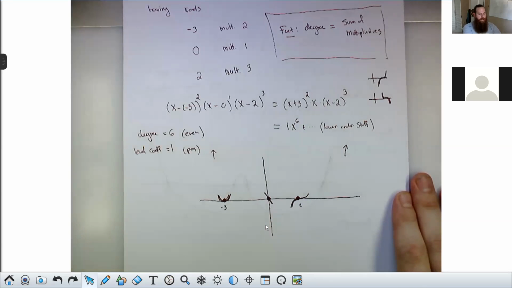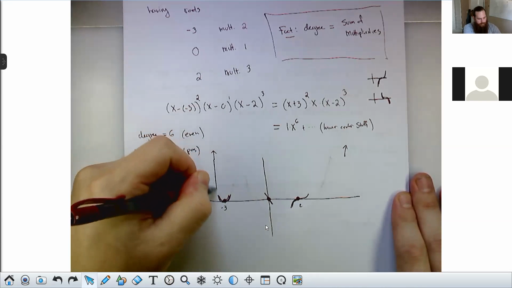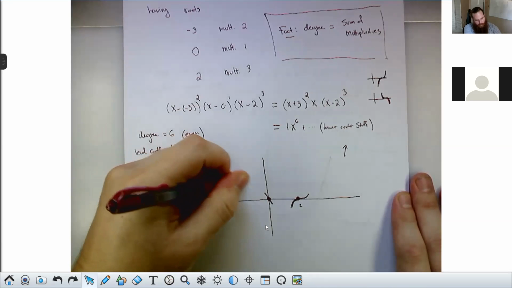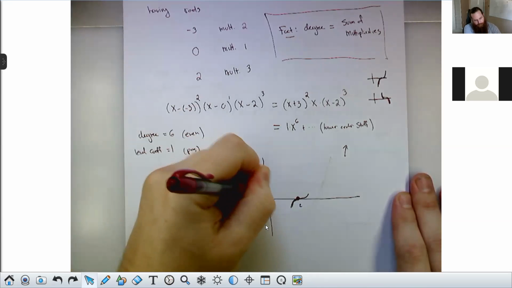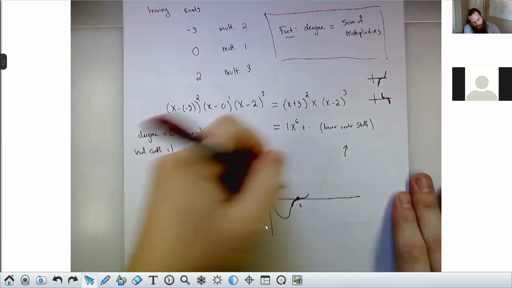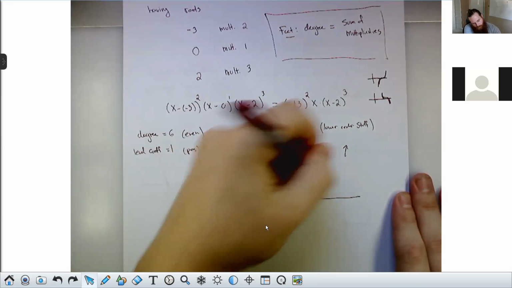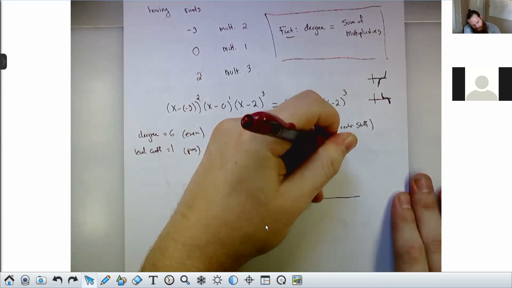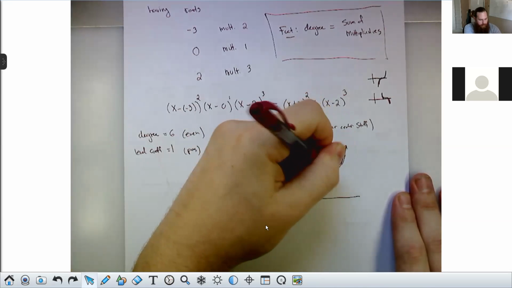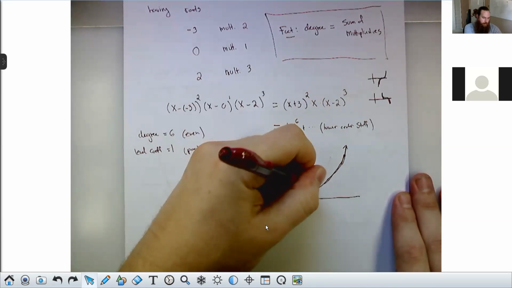And now that I have the end behavior and the local behavior near the roots, I can connect the bits. And I connect them smoothly because polynomial graphs are always smooth.